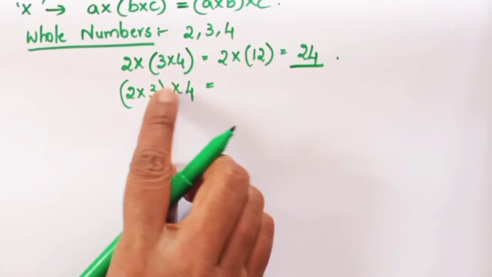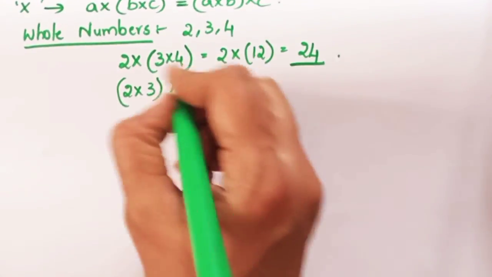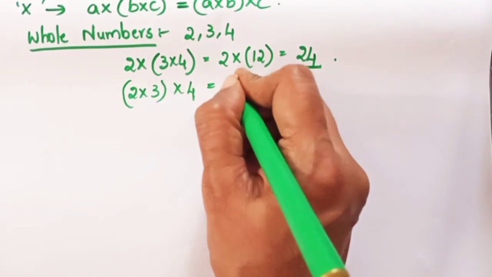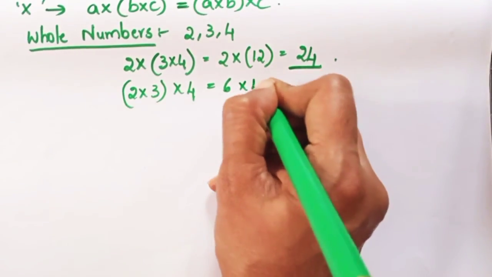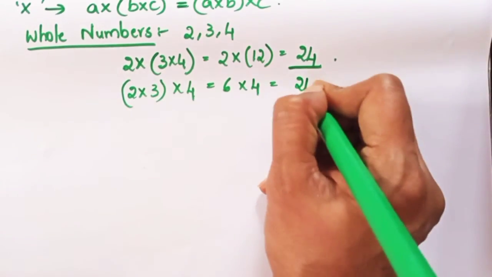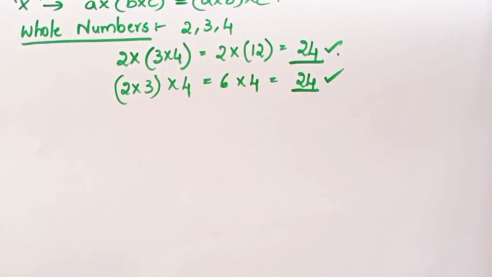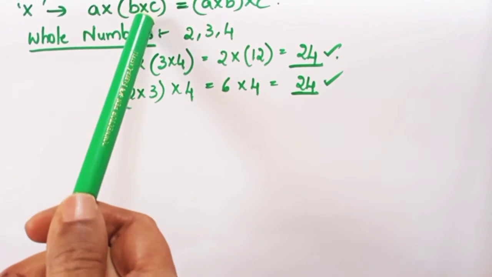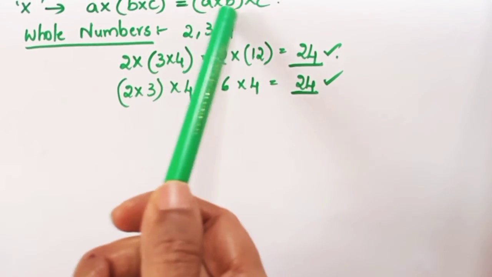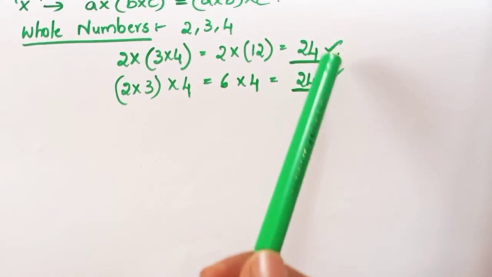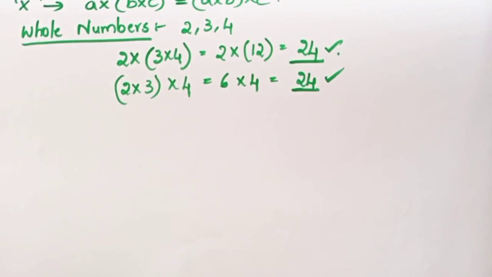So 2 into 3 gives you 6 into 4. 6 into 4 also will yield you a result of 24. See, both are same. Even though you have associated B and C first, or if you associate A and B first, then also your result is same. That means multiplication is associative for whole numbers.